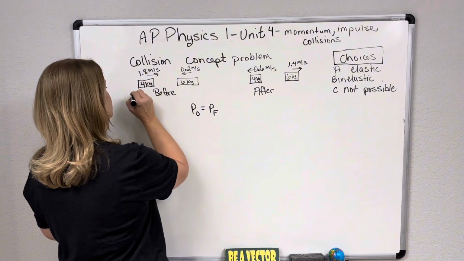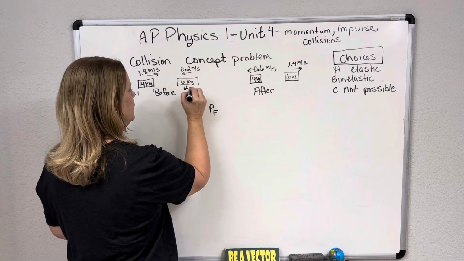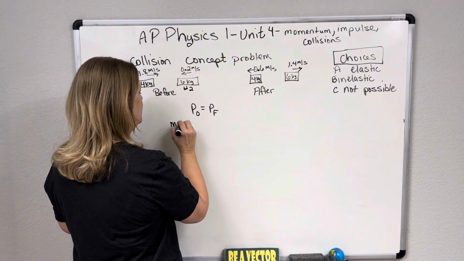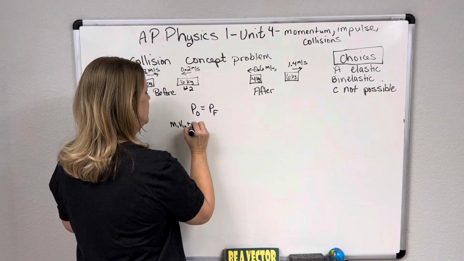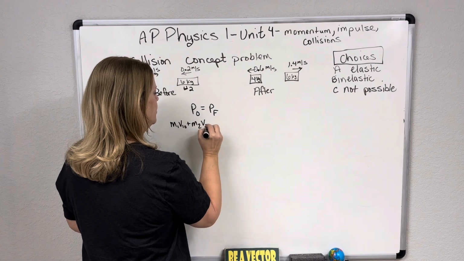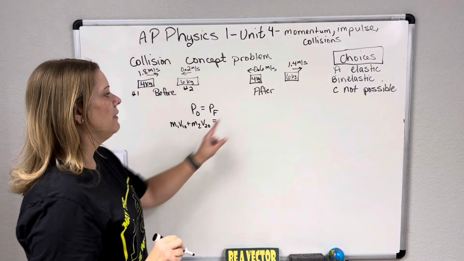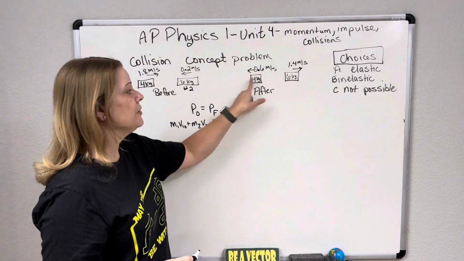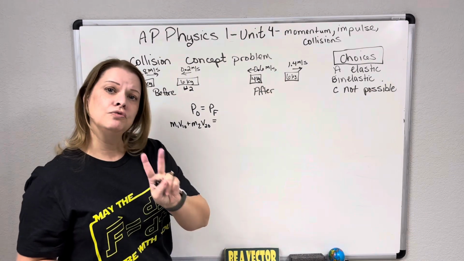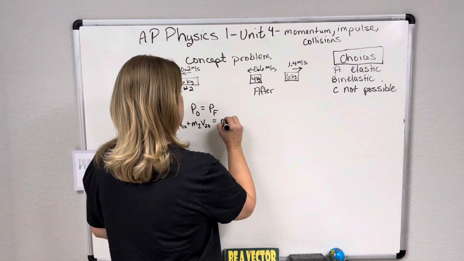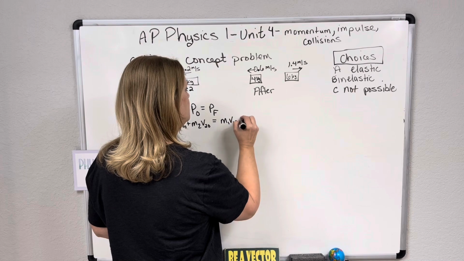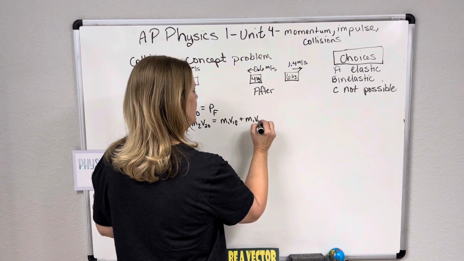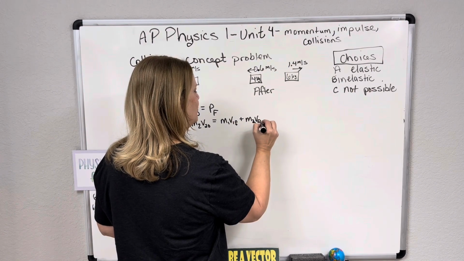So I'm going to call this cart 1, I'm going to call this cart 2. So it would be M1 V1 initial plus M2 V2 initial is going to equal, now I go to the after. They're both moving again, so I have two momentums. So it's going to be M1 V1 final plus M2 V2 final.